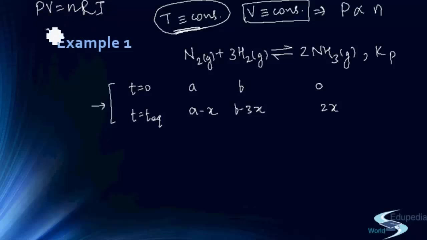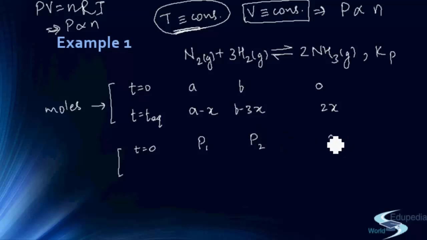Instead of writing it in terms of moles, I can write a similar expression in terms of pressure. So I can assume that at T equal to 0 I had P1 as the partial pressure of nitrogen and P2 as the partial pressure of hydrogen, and let's say there was no ammonia present.